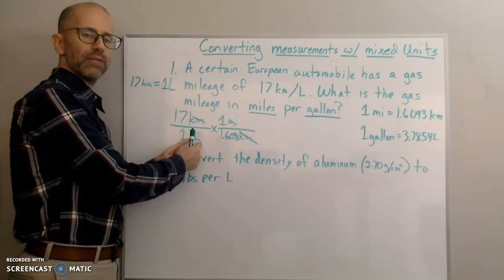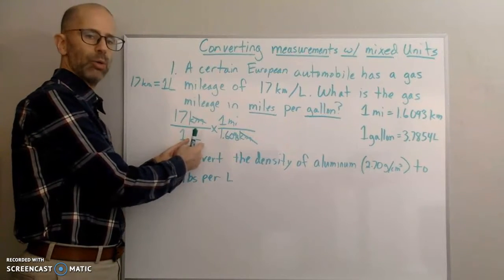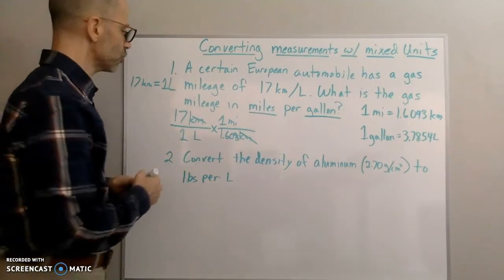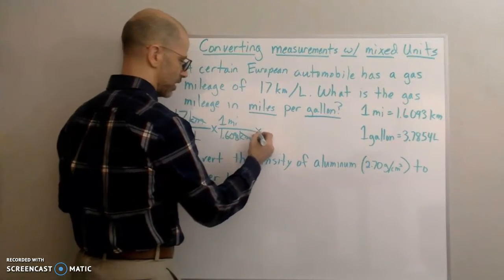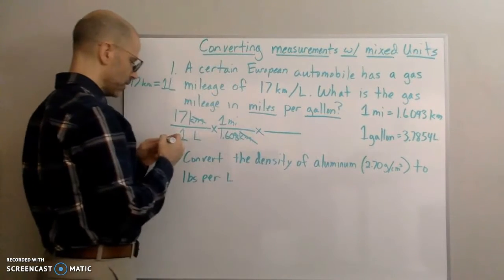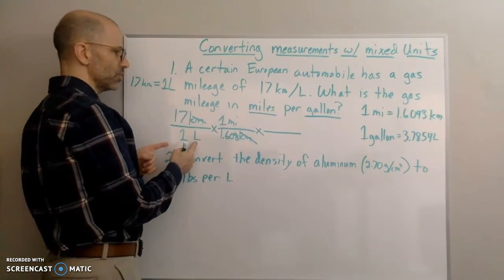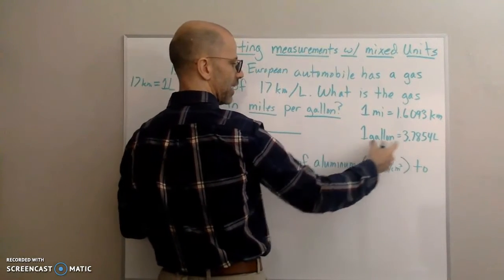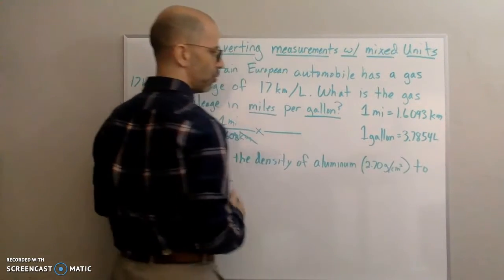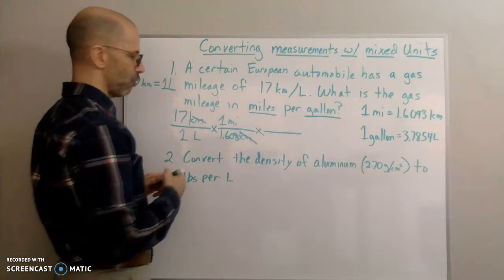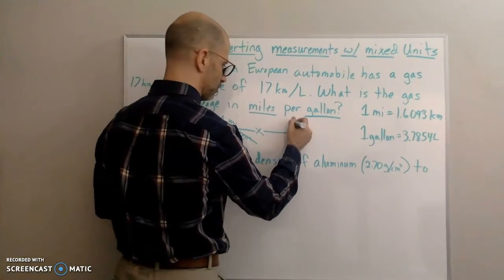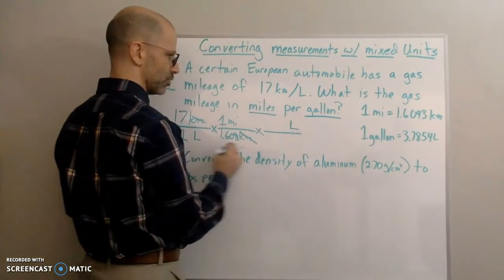But now I need to convert the bottom unit, and now I will stop when I have the unit I want on the bottom. So now I set up my next conversion. So I need to convert liters to gallons. In this case, I can do it in one step since I have 1 gallon is 3.7854 liters. So I have liters on the bottom. This time liters is going to go on top to cancel.